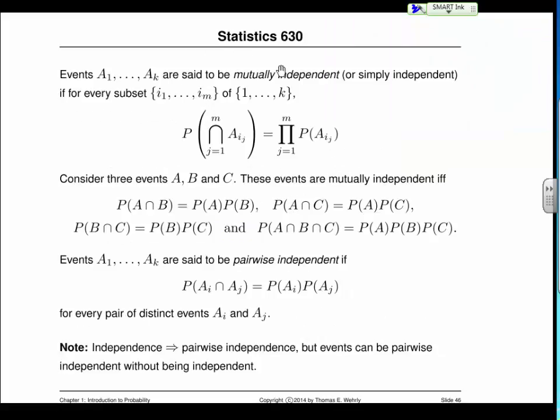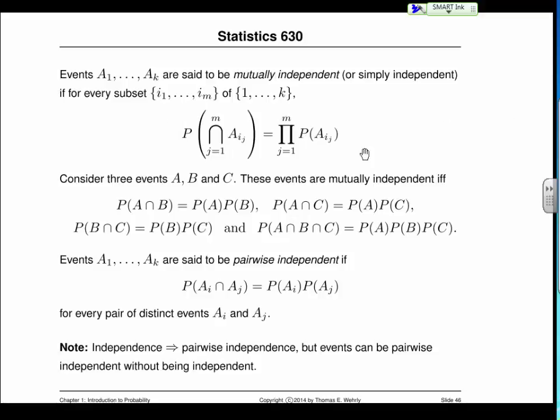Okay, now if we have more than two events, then we've got several ways we could have products of probabilities. And so mutual independence, and instead of using the word mutual, we'll just say simply independent, is if we have A1 through AK, so we have K events, and if we pick any subset of them, M might be 2 or 3 or 4, the probability of the intersection is the product of the probabilities.